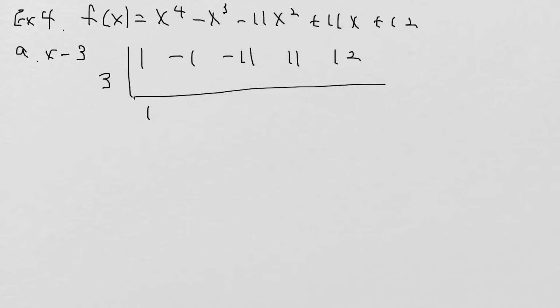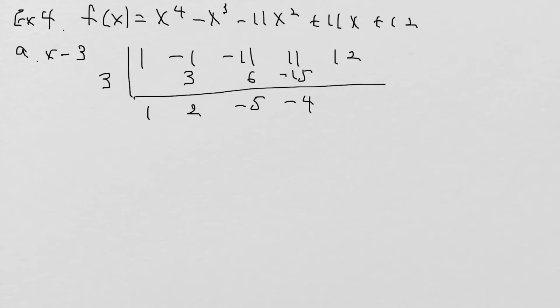You bring down 1. 1 times 3 is 3. Adding them will be 2. 2 times 3 is 6. Adding those two is negative 5. Negative 5 times 3 is negative 15. Adding into 11 will be negative 4.